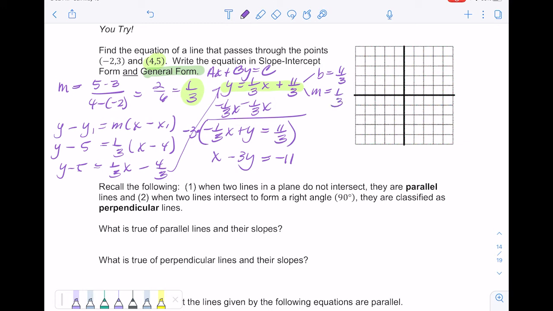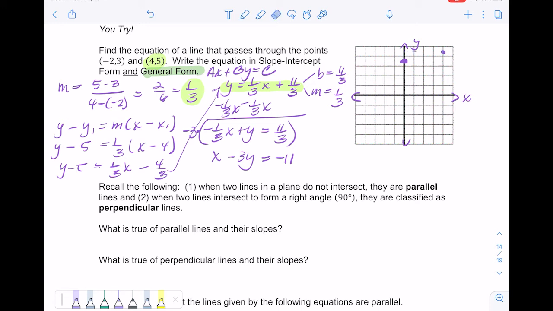So where's 11/3? If I divide 11 by 3, I get 3 and 2/3. So I'm going to go up 3 and about 2/3 of the way on the y-axis. And then I'm going to rise 1 from that purple dot, and I'm going to run 3 to the right this time because it's positive.